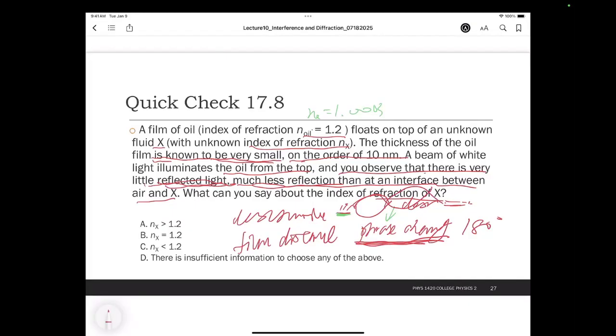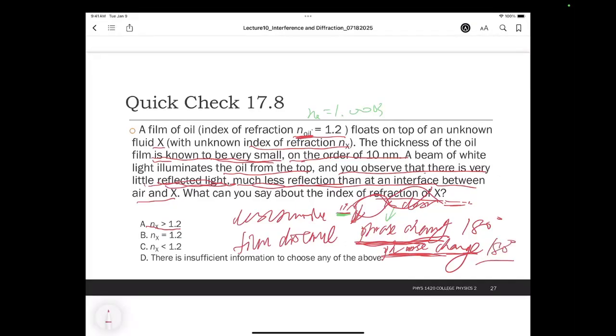So we need to make the phase change again. This means Nx should be greater than N oil, because if the index of refraction increases, there will be a phase change of 180 degrees.